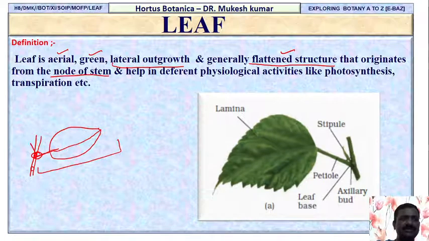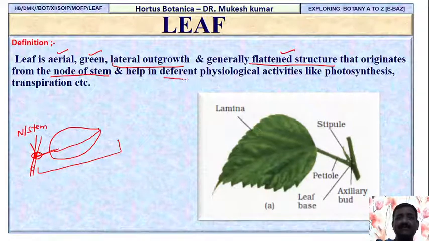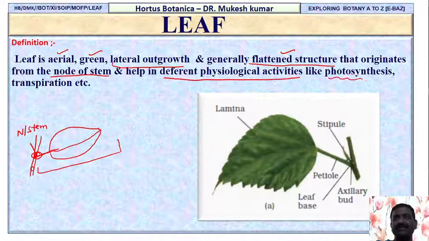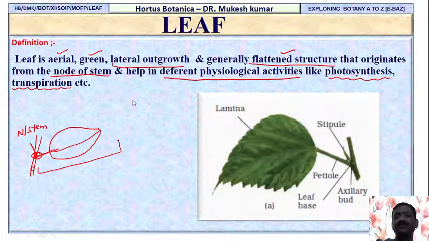What is the function of the leaf? It helps in different physiological activities like photosynthesis, as you all know, and transpiration, that is the water loss, very important to manage the whole physiology.